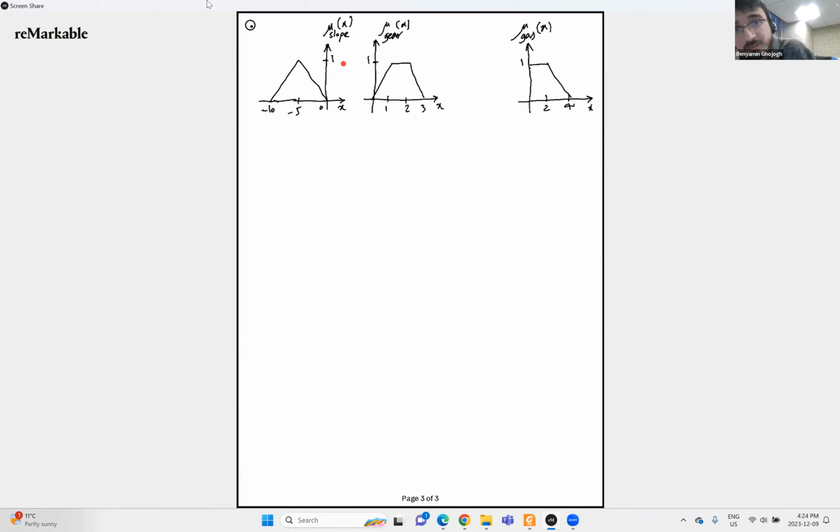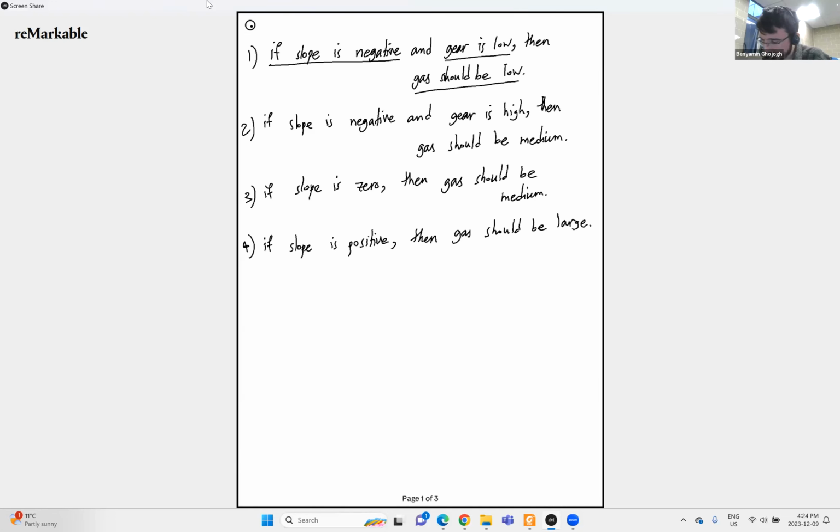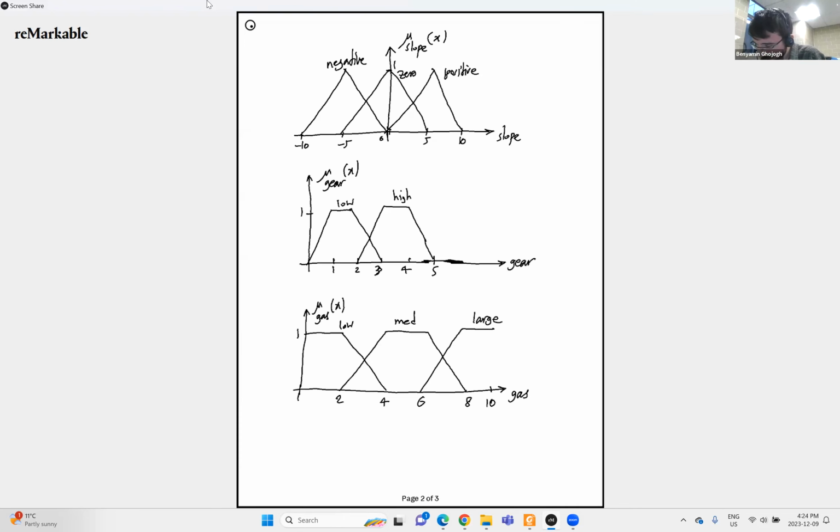And as you see, these are all in the same range, right? By the way, please bring a ruler to the exam for drawing these things. I think that would be easier for you. And then what do we have? So the next rule, if a slope is negative, yes, slope is negative again.